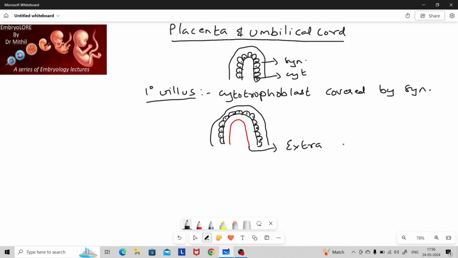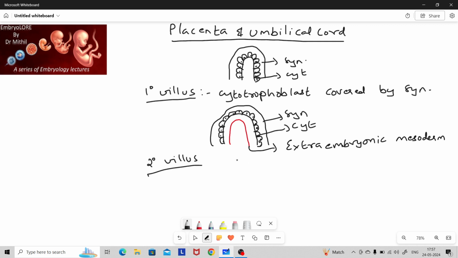This is one difference we see in the secondary villi: the extra embryonic mesoderm covered by the cytotrophoblast, and on it the syncytiotrophoblast. This is called the secondary villus.